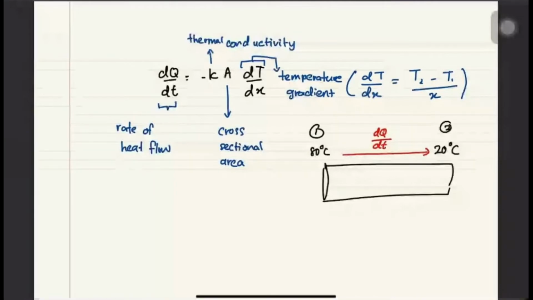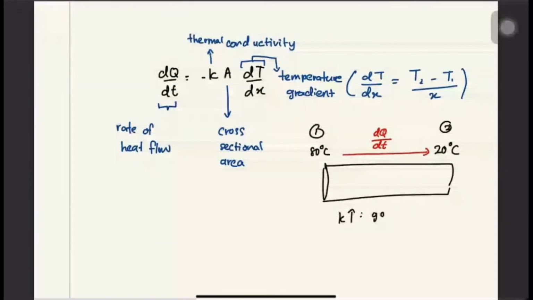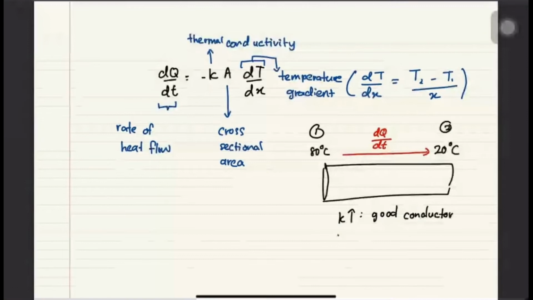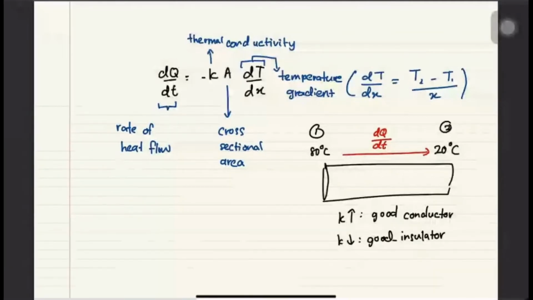So I think you guys understand. So kena ada values of K. So K kalau tinggi means that it's a good conductor, depends on the material. Kalau K too small, it is a good insulator. Ataupun in other words, high K means it can transfer the heat faster.